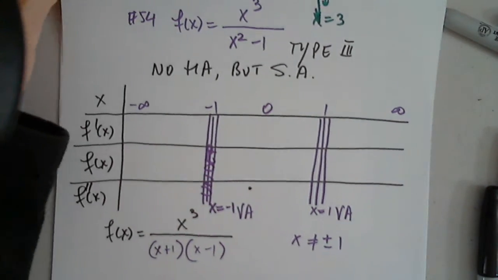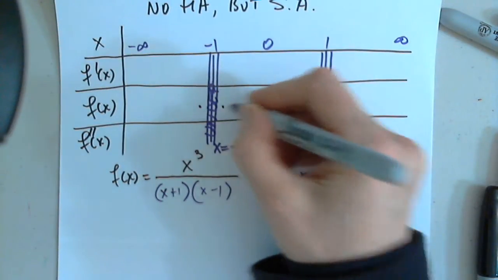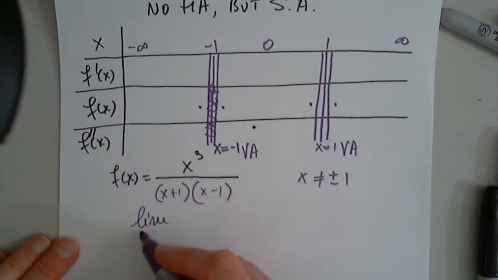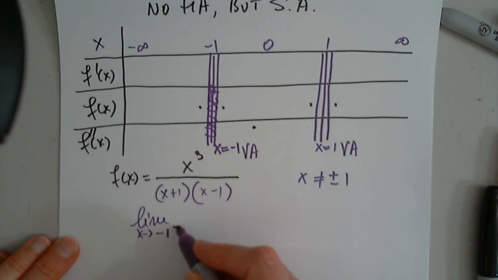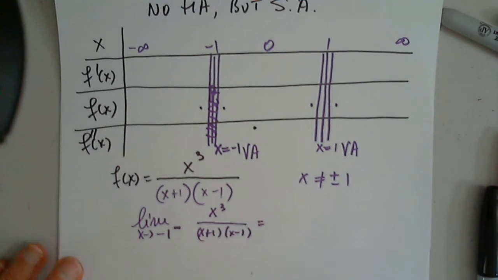Good. So moving on, let's determine these limits right away. So I want limit as x approaches negative 1 from the left of x to the third over x plus 1, x minus 1.